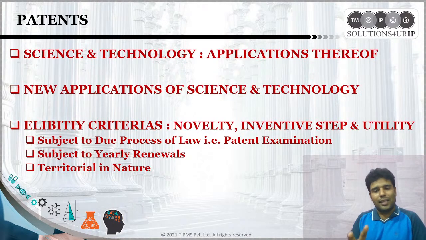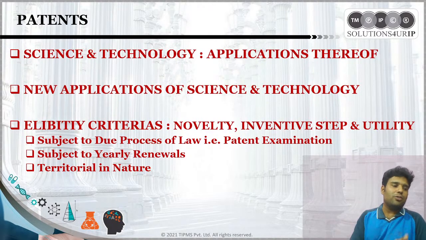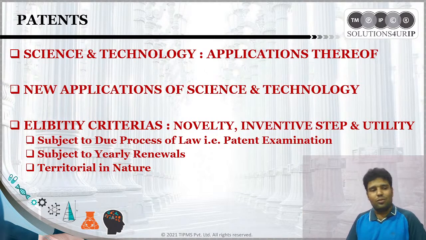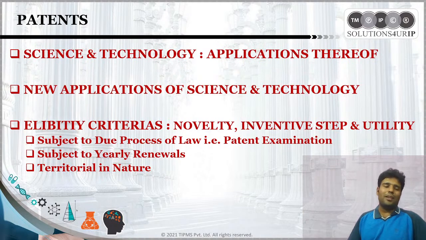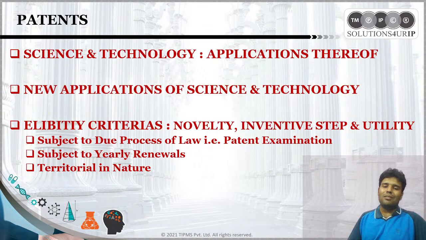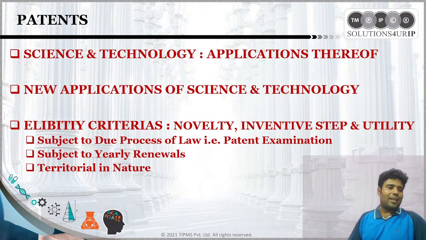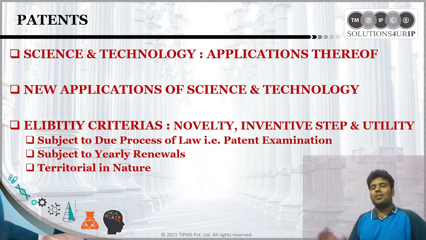I will not tell that today. I will tell it when it comes into application, because I don't want you to be confused with the different years of the rules. Many people will write patent rules in different years. Somebody will write 2007, somebody will write 2011, somebody will write 2015, somebody will write 2021, but actually all of them are wrong unless you write like this: Patents Rules, 2003.